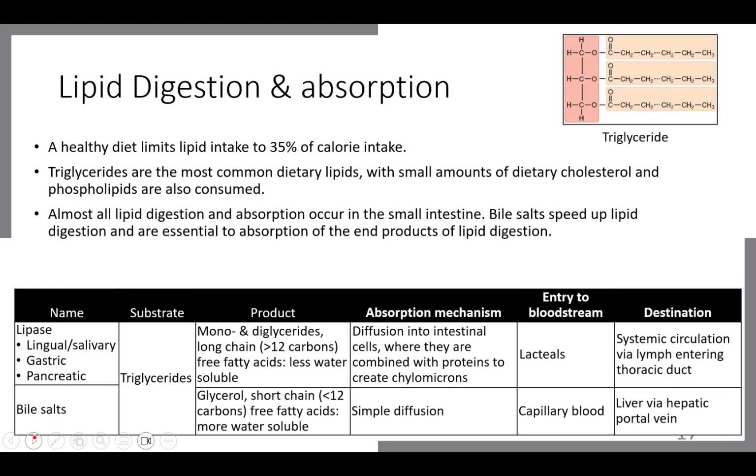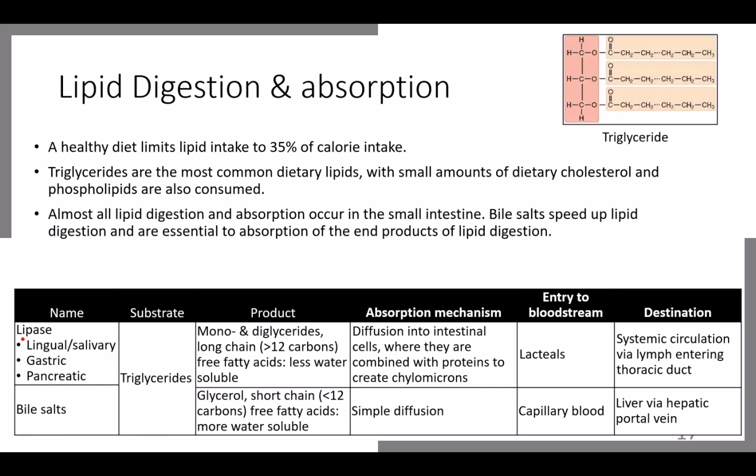Next part is lipid digestion and absorption. Almost all lipid digestion and absorption occur in the small intestine. Bile salts speed up mechanical digestion of lipids and are important to absorption of end products of lipid digestion.